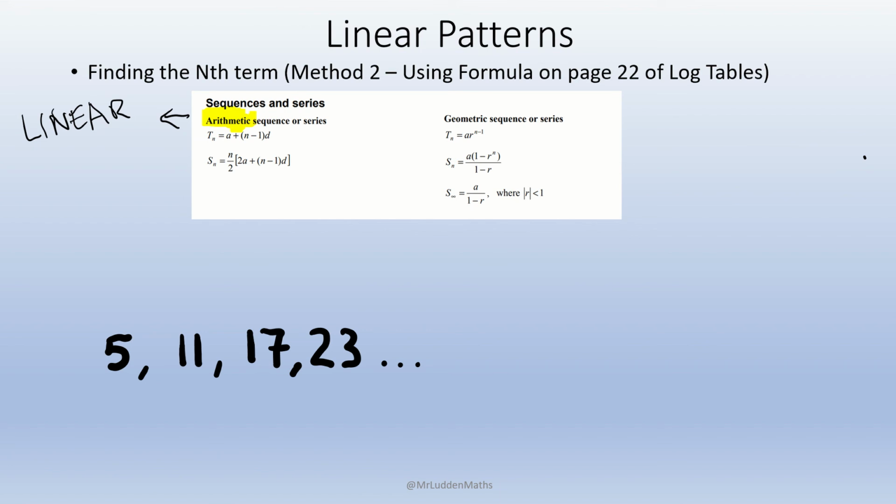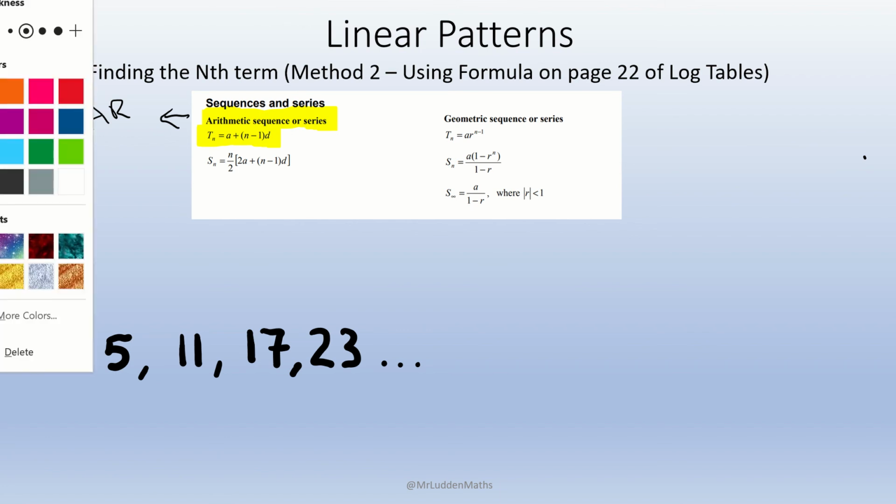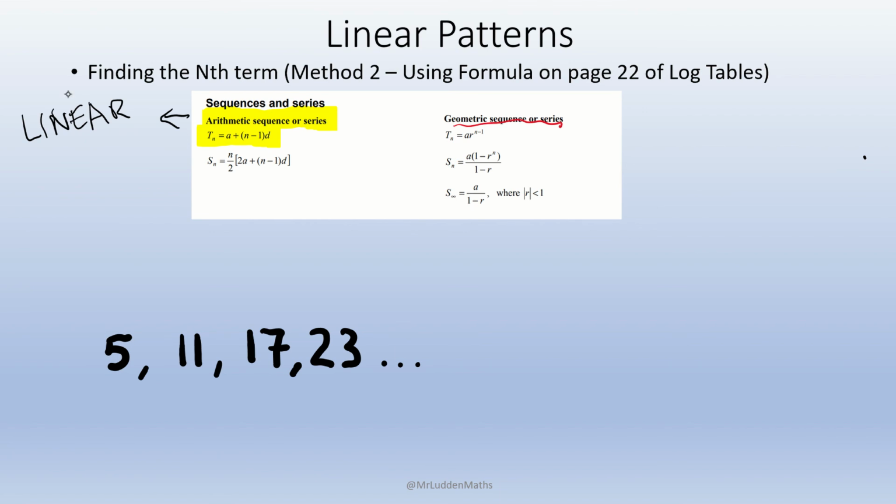So if you are using your log tables, what you're going to be using is this formula right here. On the same page, you are given ones for geometric sequences or series. We're not going to have a look at those until your leaving cert.